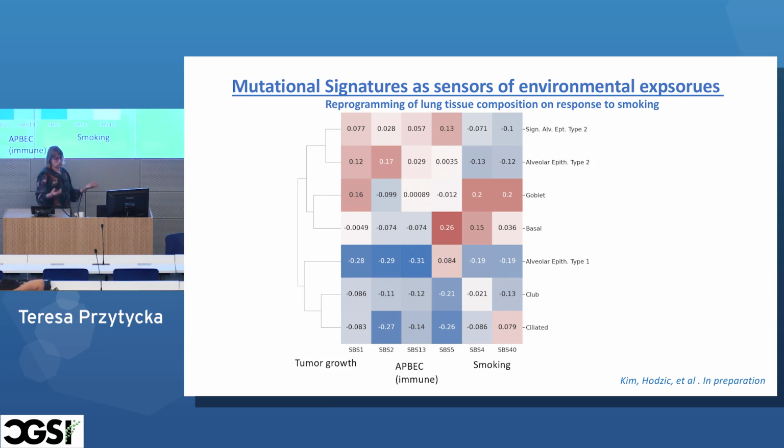So we can also use this concept of signatures to look into changes related to the environment, especially if you also have single-cell sequencing data, where we can read the signatures in single cells.